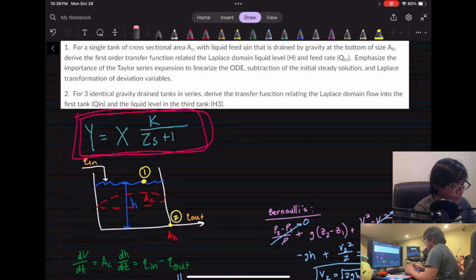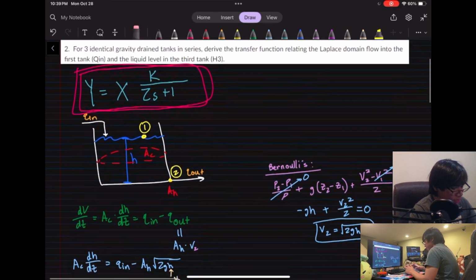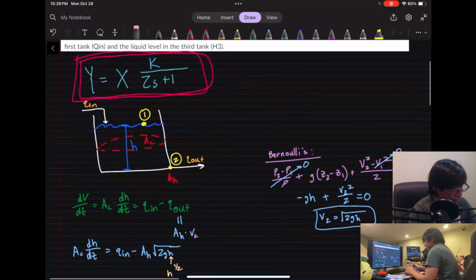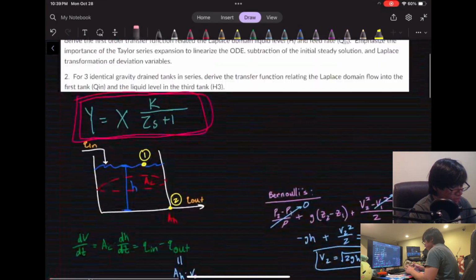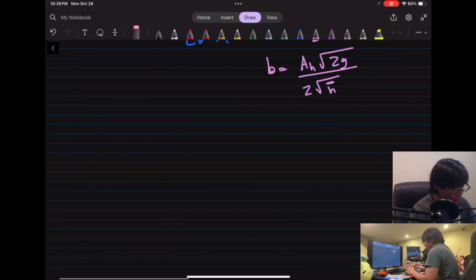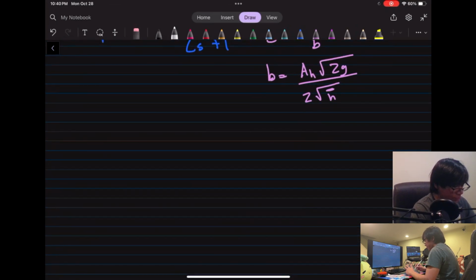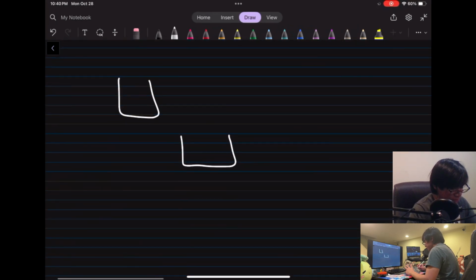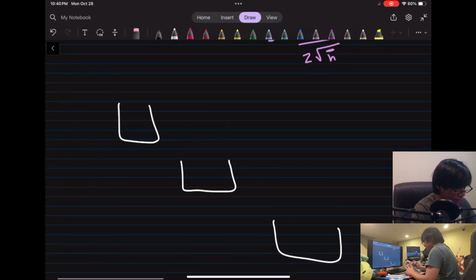Okay, so I don't know what makes most sense here. I might just do a simplified version of this drawing just to keep things relatively simple and fast for me. So we'll do something like this. Very roughly drawn.